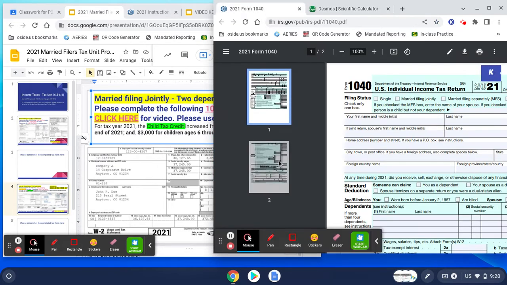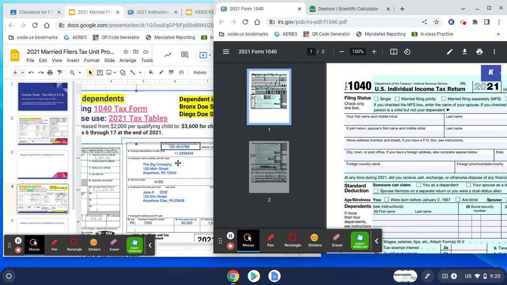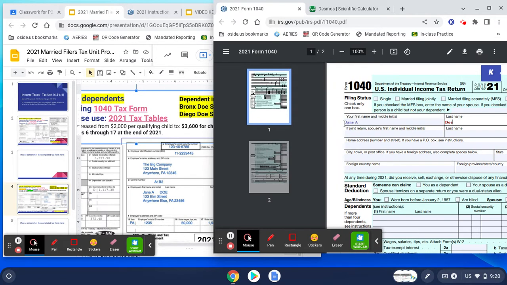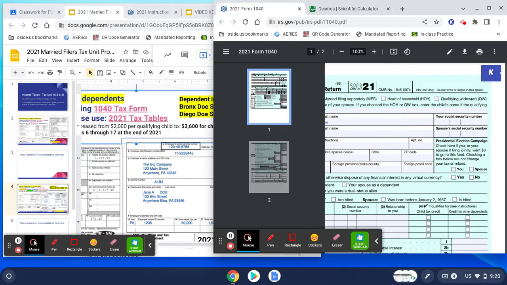All right, let's start filling in Jane Doe's information because she has the higher income. Jane A. Doe. Oh, by the way, up here, remember we're clicking married filing jointly now because we've got the 2 different filers.